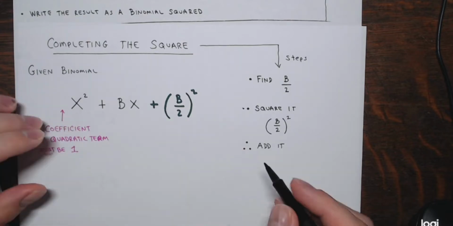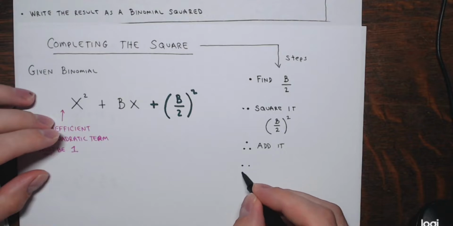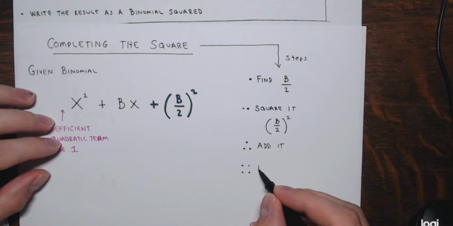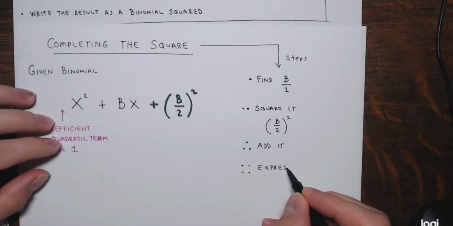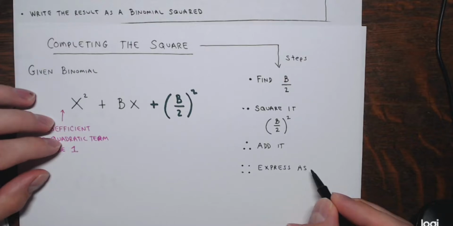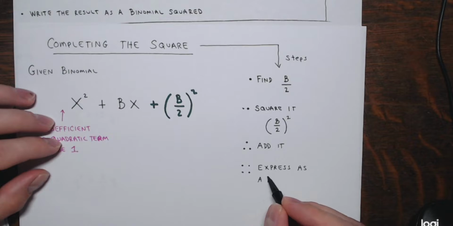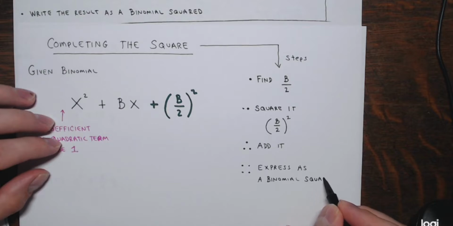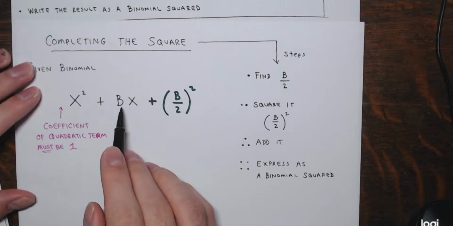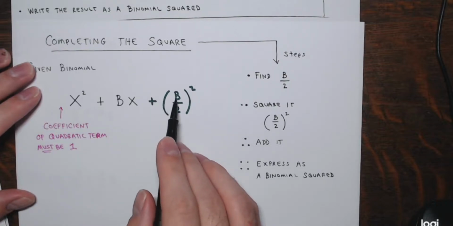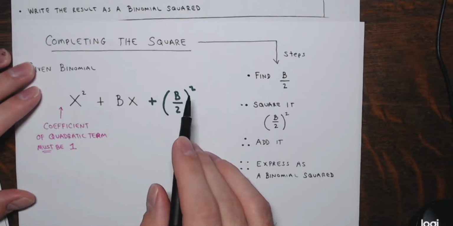And that is the last part: express as a binomial squared. So we have x squared plus bx plus half of b squared.